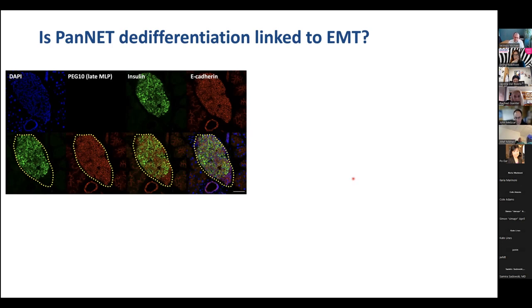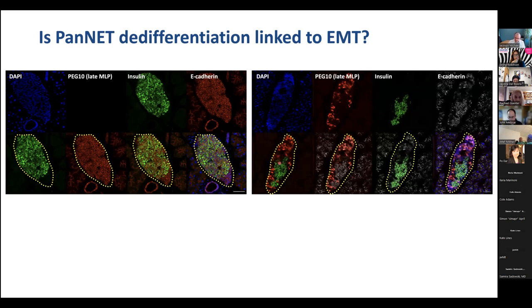If we go to a different lesion, which is also very small, these two events happen very closely. Here you see the PEG10 staining, the late MLP marker. Focusing on this lesion, PEG10 is late MLP, insulin is in the middle, and now you see E-cadherin lost in your MLP samples. So in the early stages, there is activation of MLP but no EMT, and in the later stages, when you have this advanced marker of late MLP, you also have EMT.